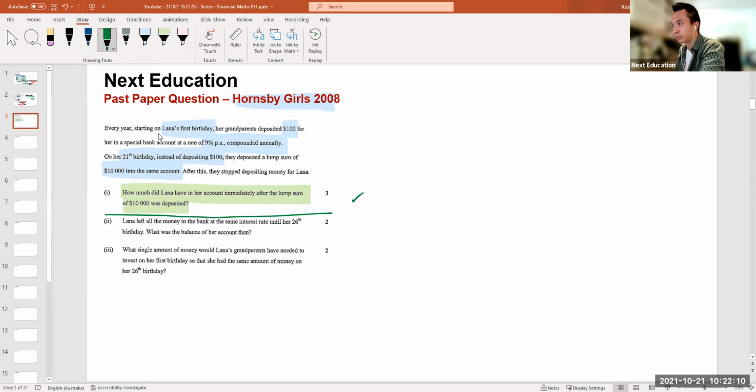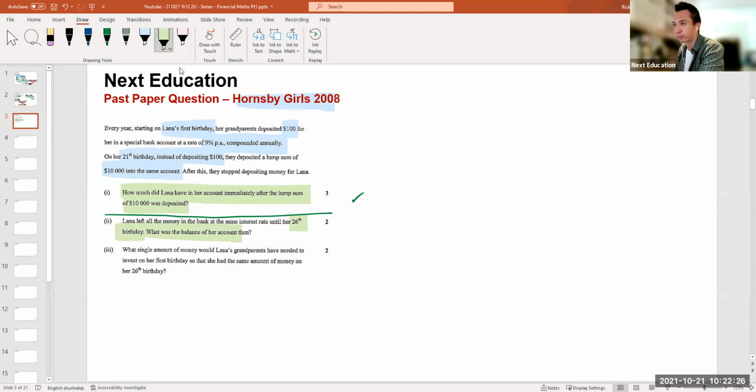Lana left all her money in the account until her 26th birthday. What was the balance? Good question. Whatever you calculate in number 1, she left it for another 5 years, and then what was the amount?